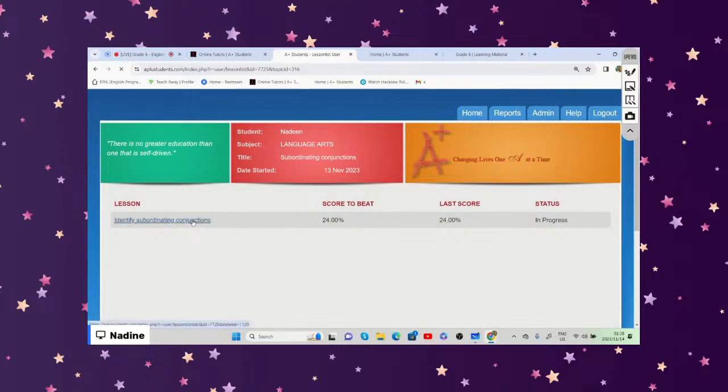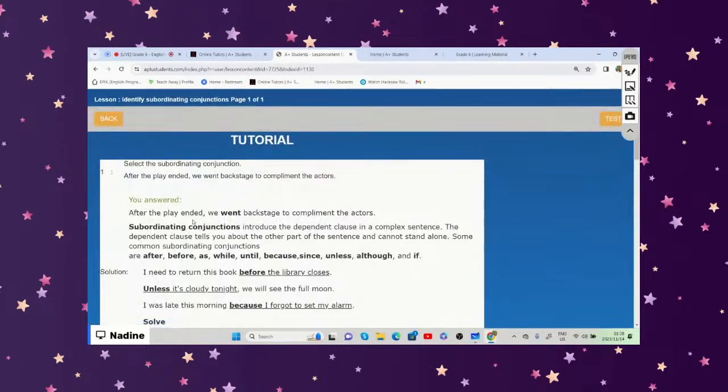That includes, for example, words like after, before, as, while, until, because, since, unless, although, and if. Those are the common subordinating conjunctions.